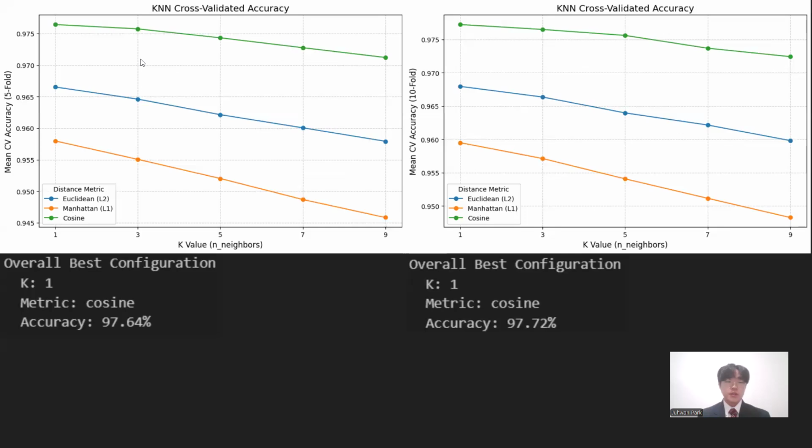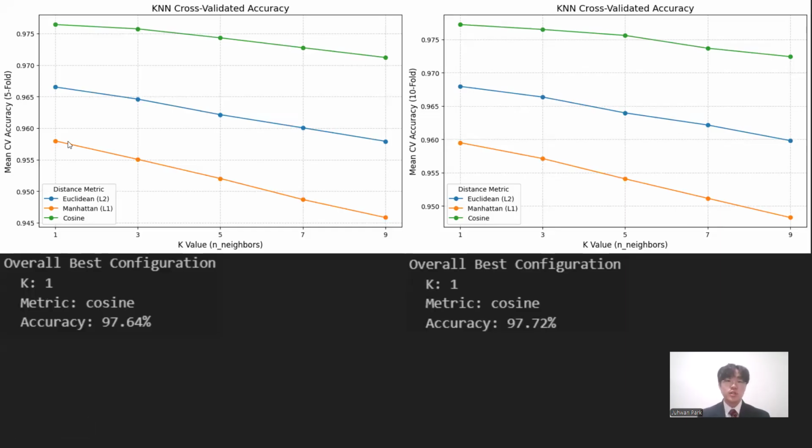So using this strategy, I was able to find out that the best model will have the hyperparameters of k equal to 1 and distance metric of cosine. The only concern I had with this is that the cross-validation suggested a k value of 1, which I'll discuss shortly in the next slide.